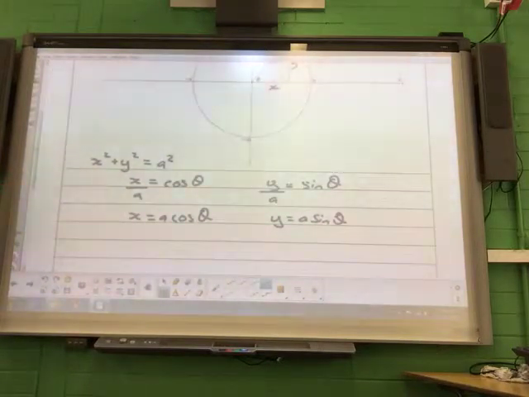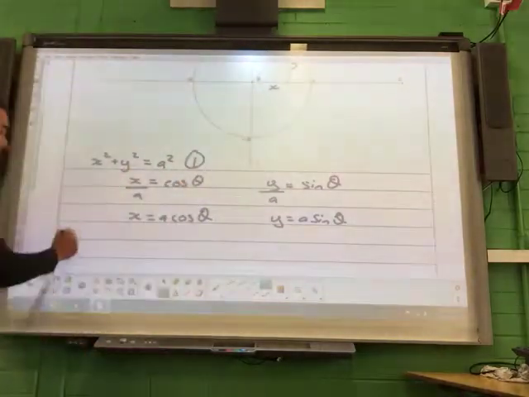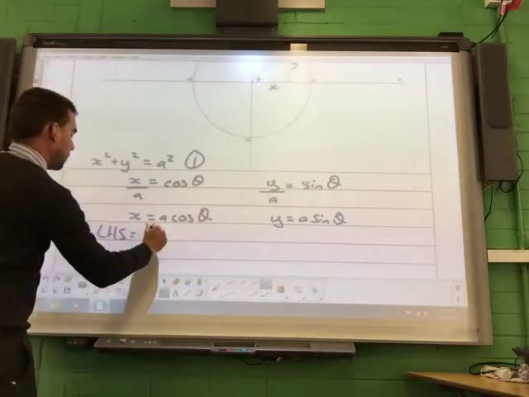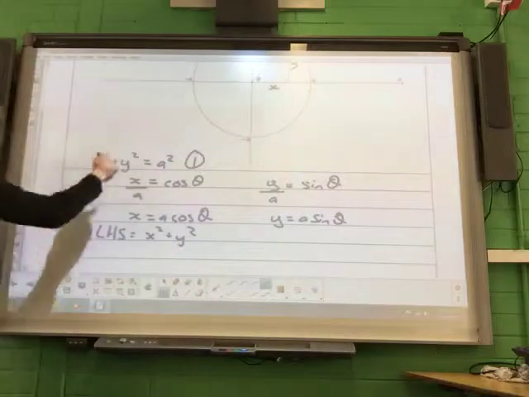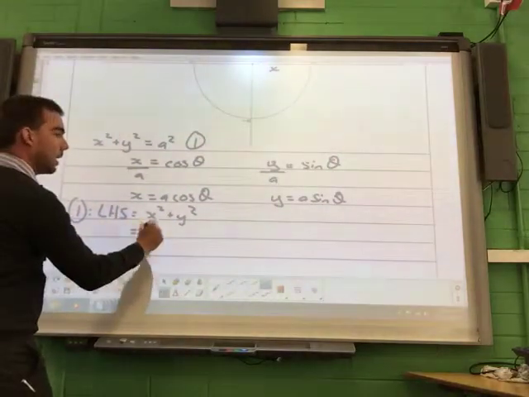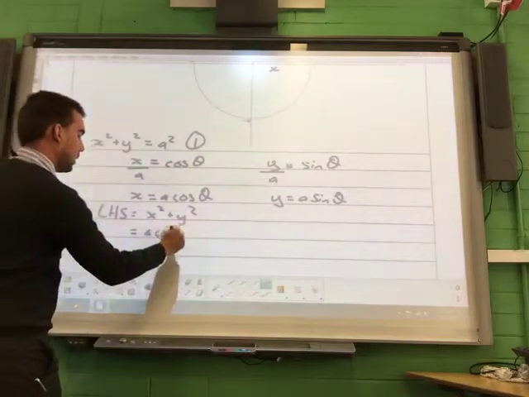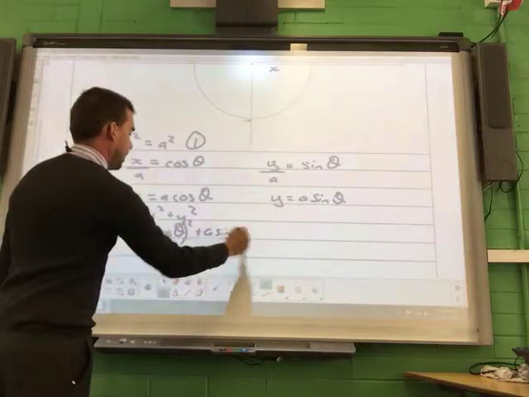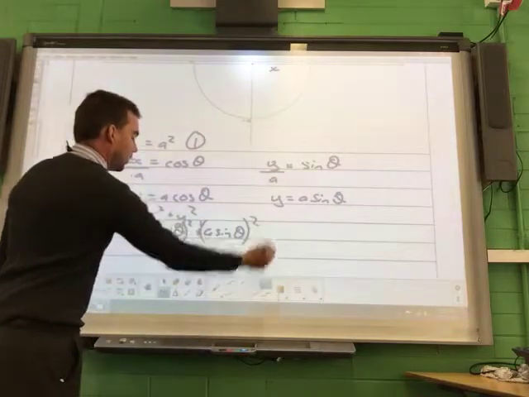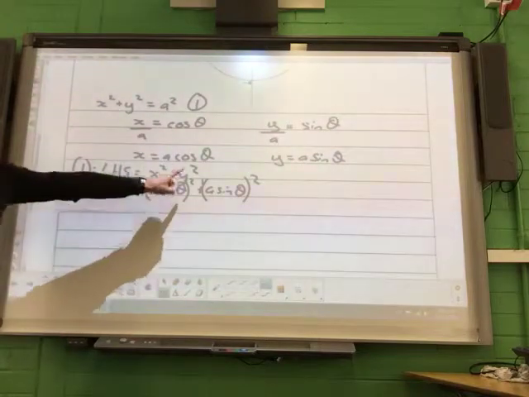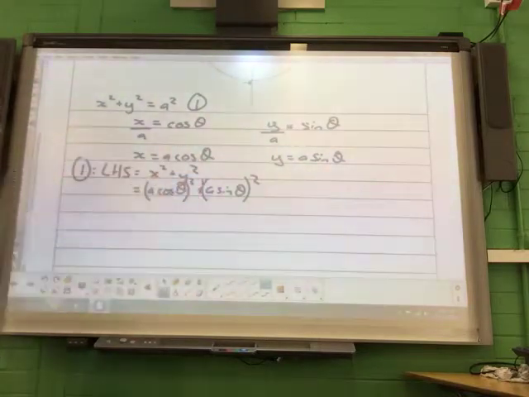This really makes sense, because from equation one, the left hand side is x squared plus y squared. If I substitute x and y here, I get A cos theta all squared plus A sine theta all squared, so A squared cos squared theta plus A squared sine squared theta.